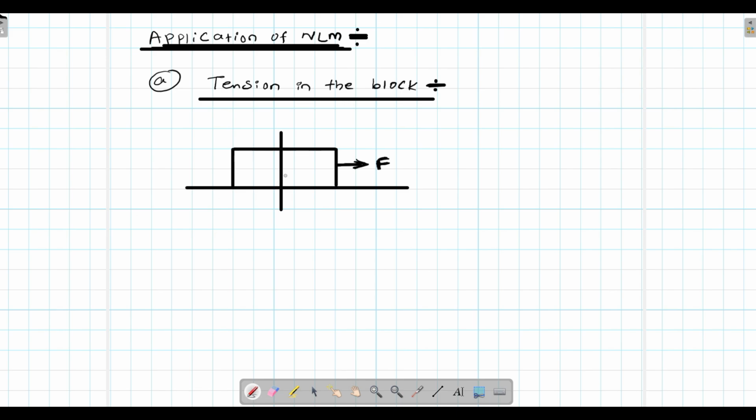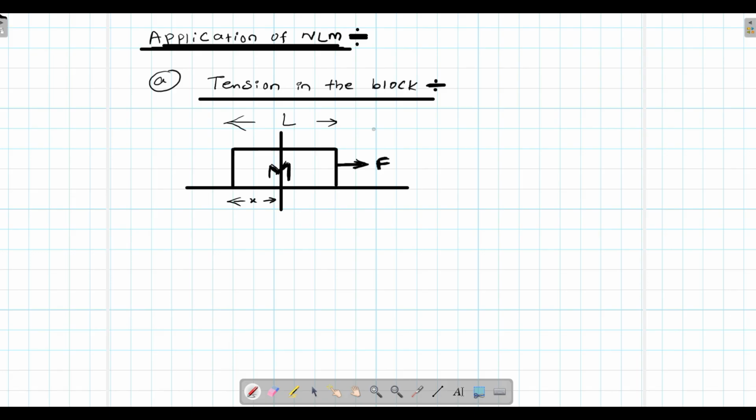M is the mass. Mass of the block is M. Length is L. This is X. So mass is M, this is X, this is L.